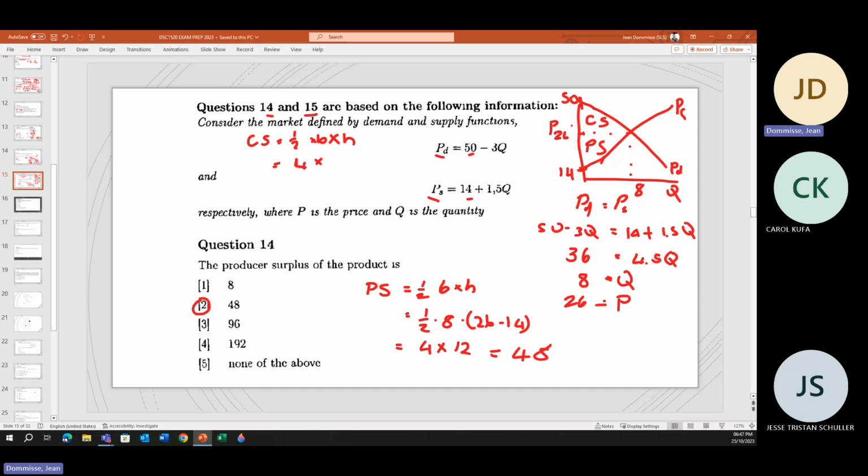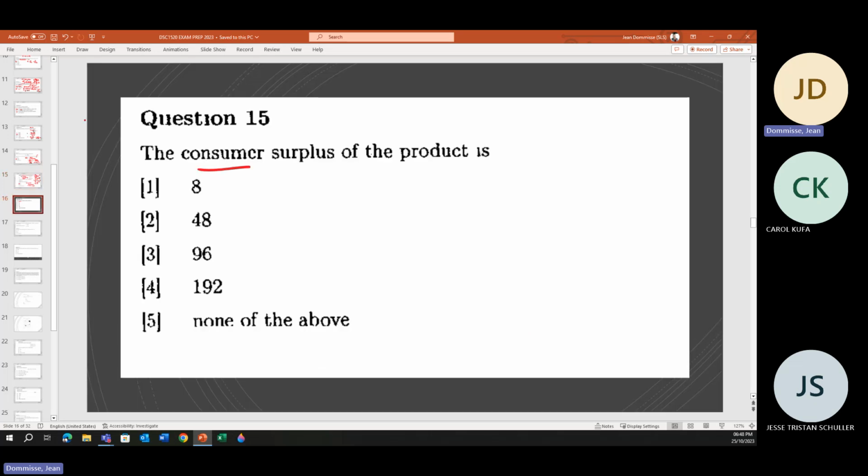But now for consumer surplus, the height is the 50 minus 26. So that will be 4 times 24, okay, which will be 96. So for your consumer surplus, it will be 96.